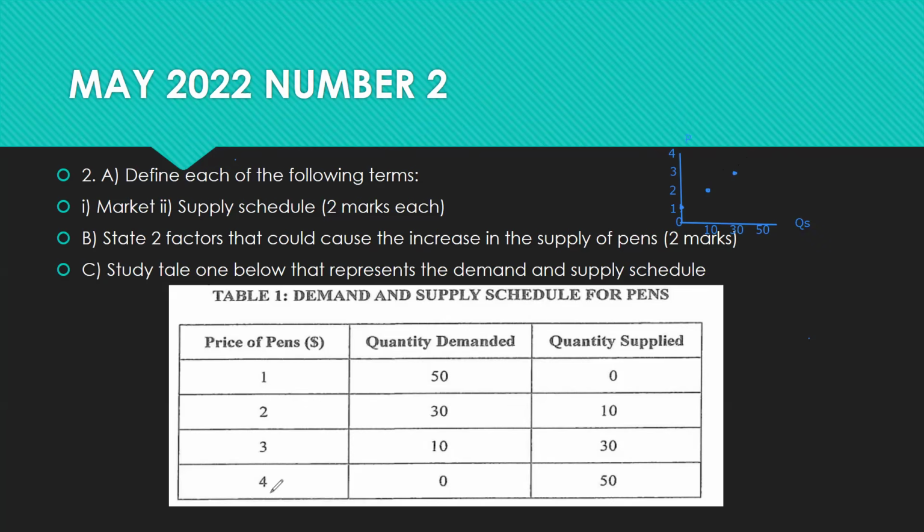And when price is 4, quantity supplied is 50, so I put in a point there. Then I draw my line through the points, and that's my supply curve. Simple as that.